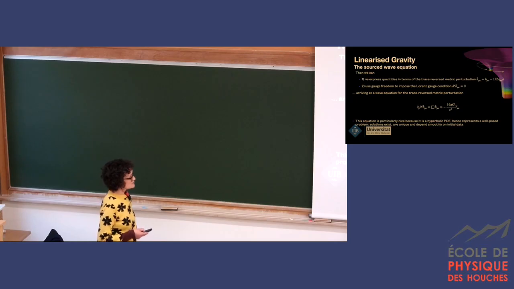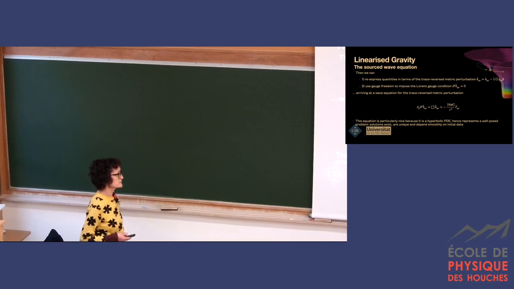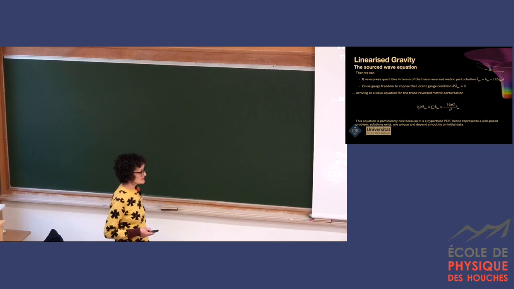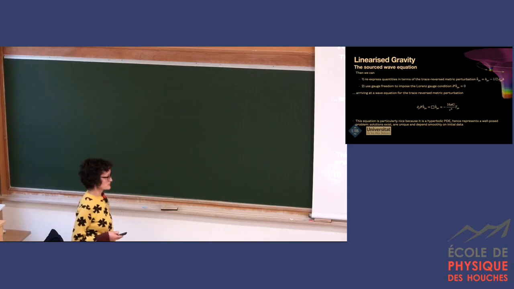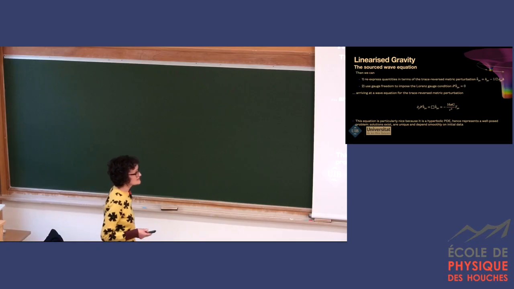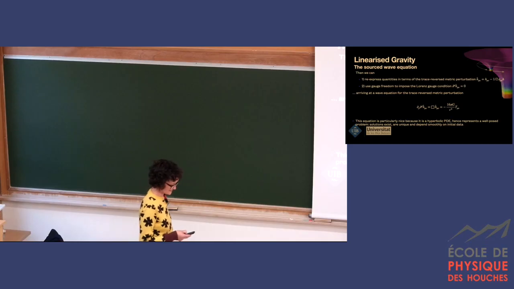And then if I do this, I can simplify my linearized Einstein equations to this form, which is very nice, because this is just a D'Alembertian operator acting on the trace-reversed metric perturbation, and here is my source. So this equation is especially nice because it's a hyperbolic partial differential equation, so I know that it represents a well-posed problem. So solutions exist, are unique, and depend smoothly on initial data.